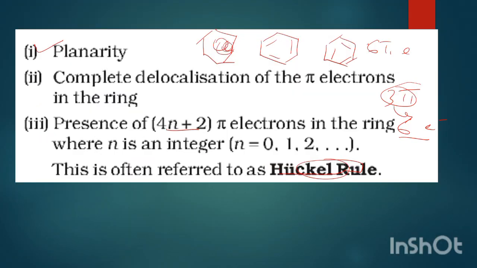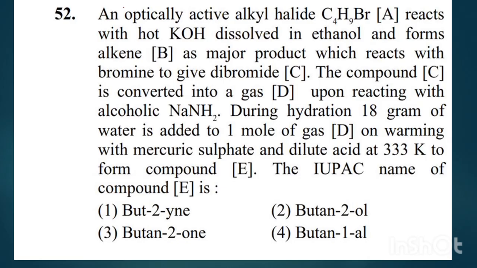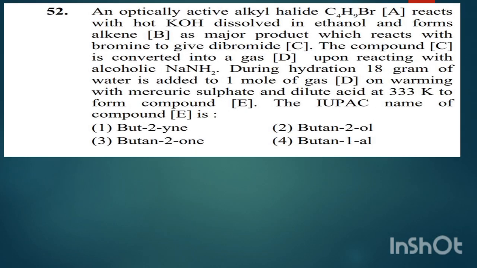Next question: an optically active alkyl halide of formula C4H9Br reacts with hot KOH. So let's try optically active alkyl halide C4H9Br.